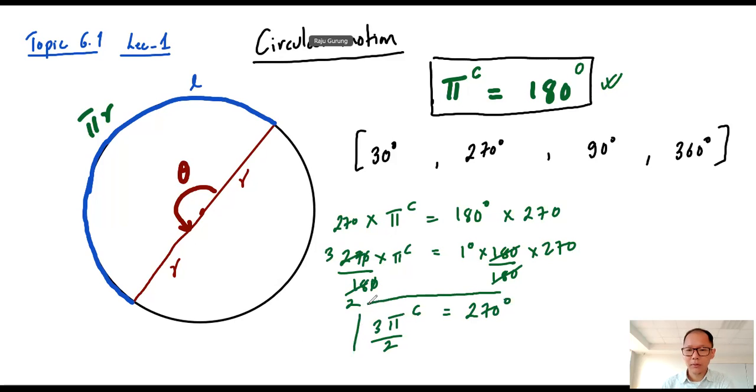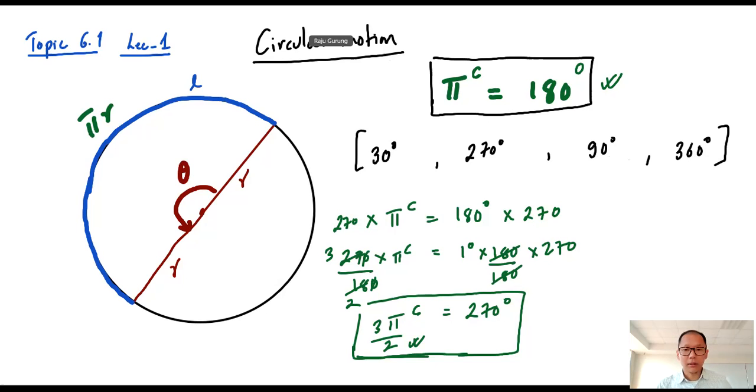So this is the measure of the angle in radians for 270 degrees. I leave it as an exercise for you to find what 90 degrees and 360 degrees are. These are very simple.